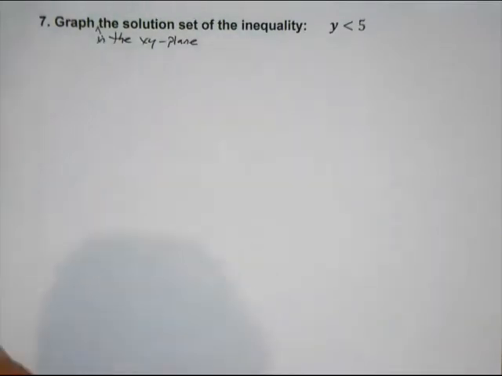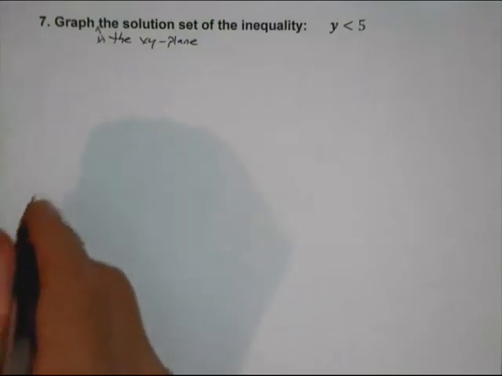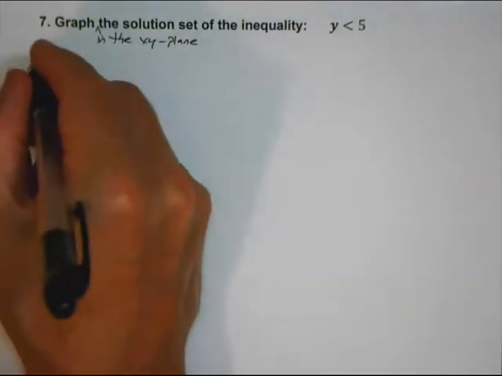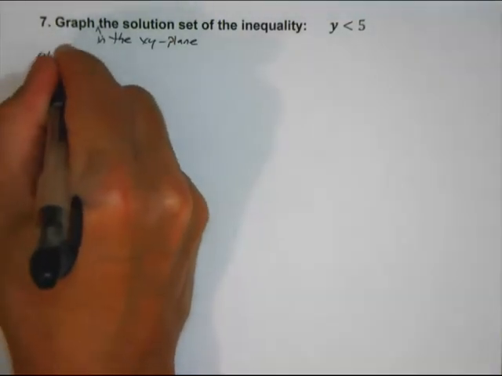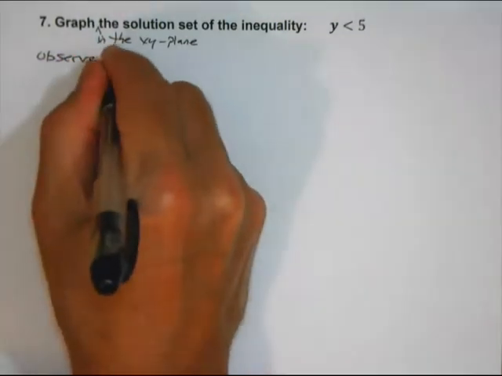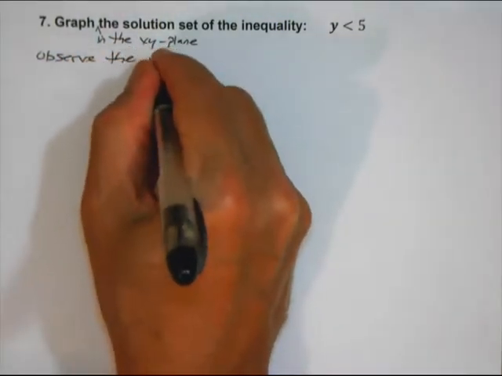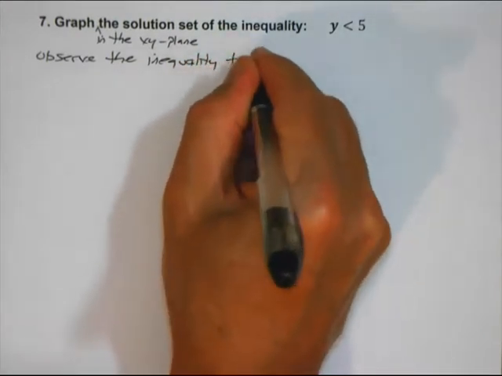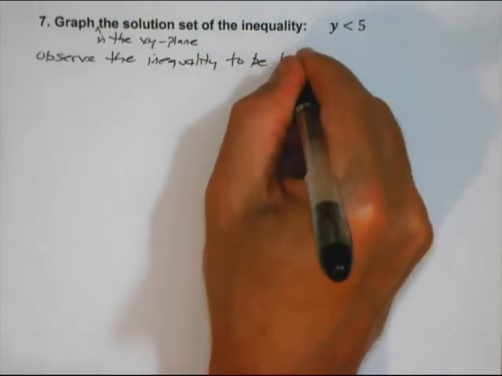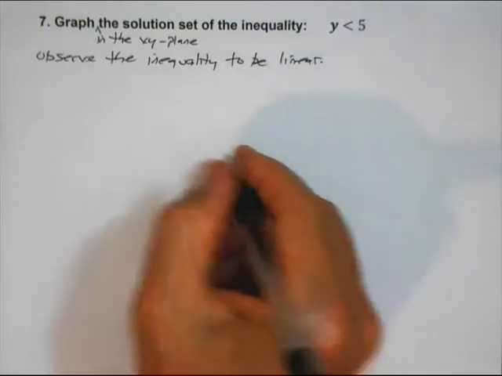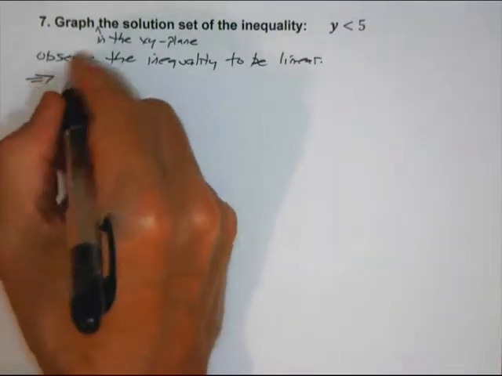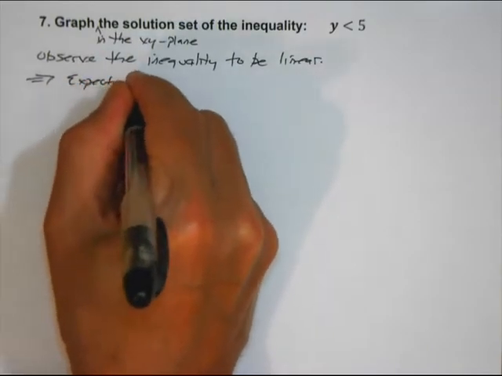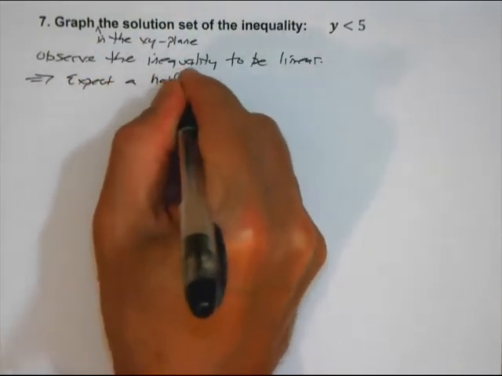Okay, so having clarified that, let's go on and say that this is indeed a linear inequality. So observe the inequality to be linear. Okay, what does that mean? This means we expect a half-plane graph.